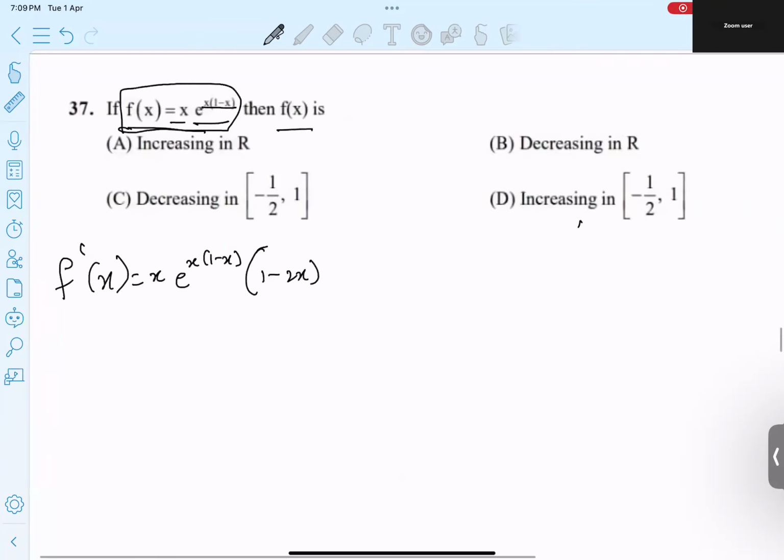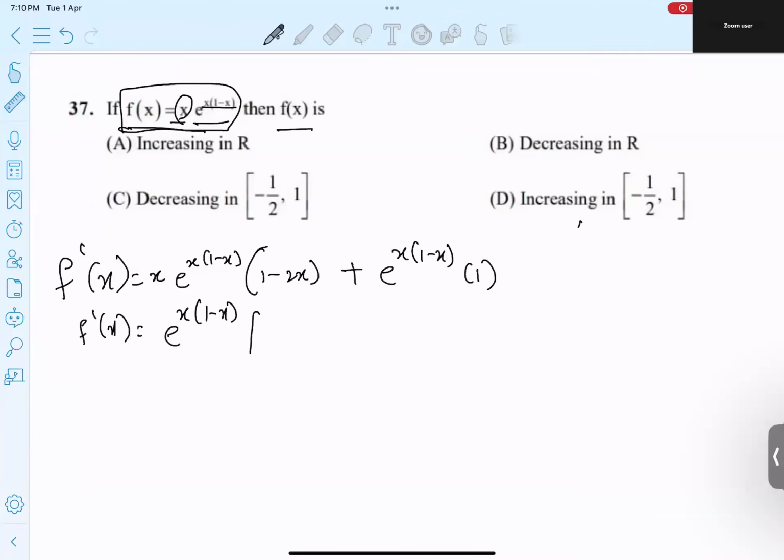Now, keep this e to the power of x into 1 minus x as it is. Differentiate the other term, which gives you 1. Now, we can take e power x into 1 minus x as a common, so that we'll get, multiplying this as well as this, x minus 2x square plus 1.